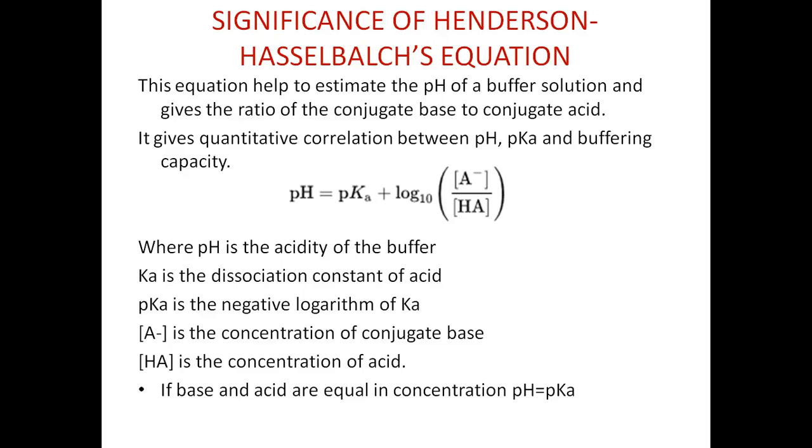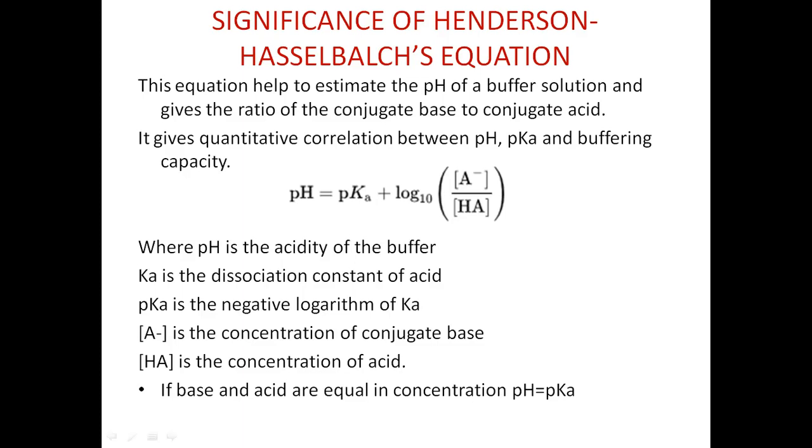So this is the formula of the Henderson-Hasselbalch equation. pH is the acidity of the buffer. Ka is the dissociation constant of an acid. This is a constant value. pKa is the negative logarithm of the Ka, or the dissociation constant of acid.